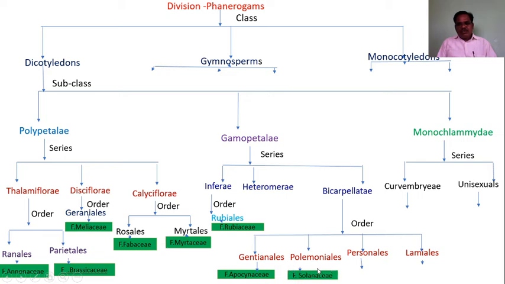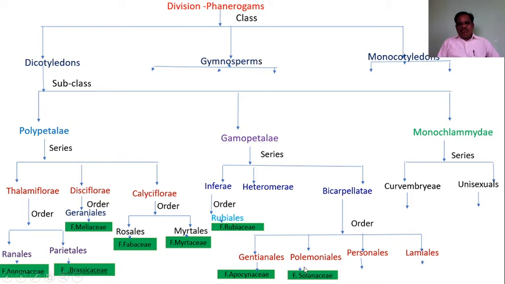Next, from the order Polemoniales, the family is Solanaceae. So Solanaceae is the family of Datura alba. What are the characters of this one? No doubt they belong to the Gamopetalae. When the petals are united, the corolla formed is infundibuliform, or funnel shaped.